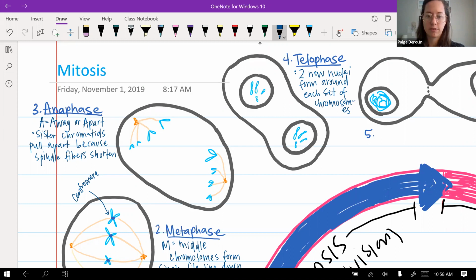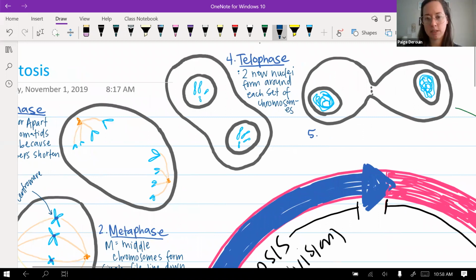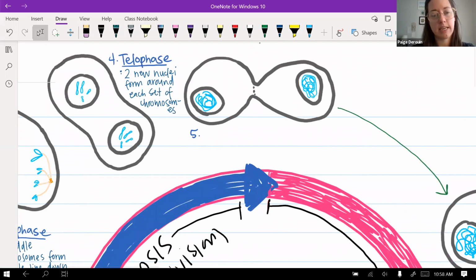So you have your new nuclei that are built up around your chromosomes. And then right after that happens, cytokinesis happens, which is number 5.